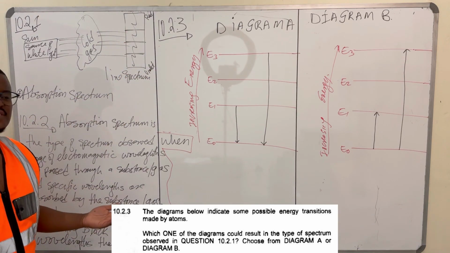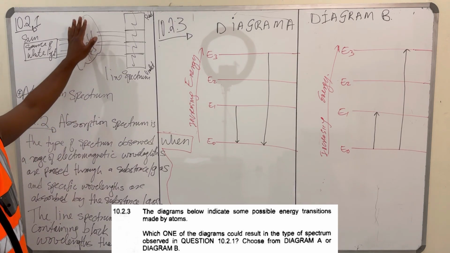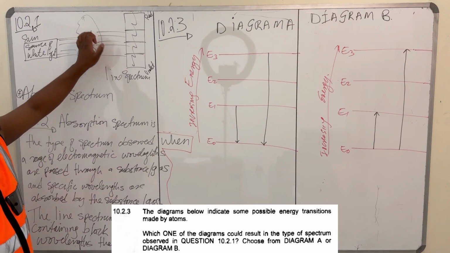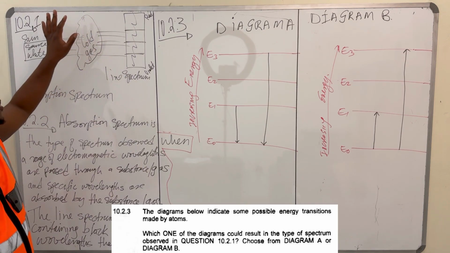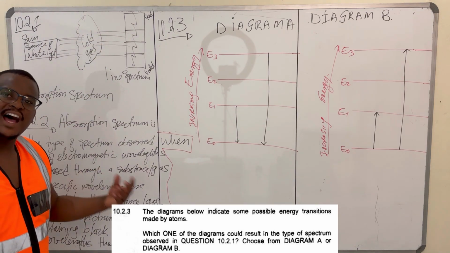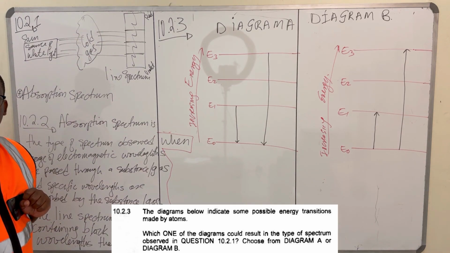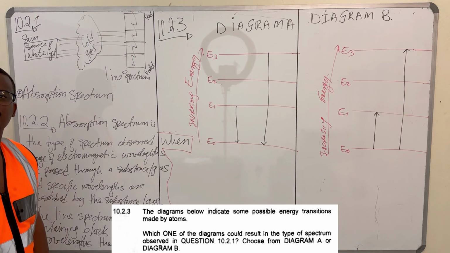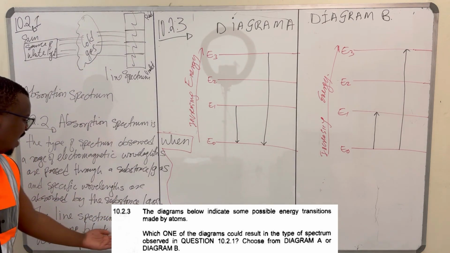I said that light spectrum is an absorption spectrum, because some certain wavelengths were absorbed by the gas. Those wavelengths were absorbed by atoms within that gas. Which is why we have the black lines.